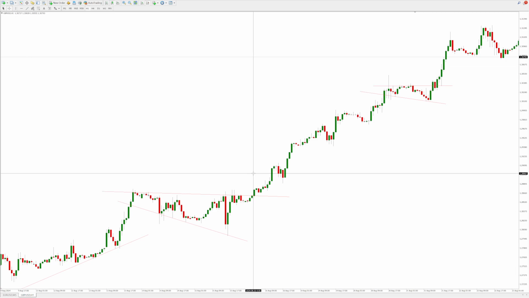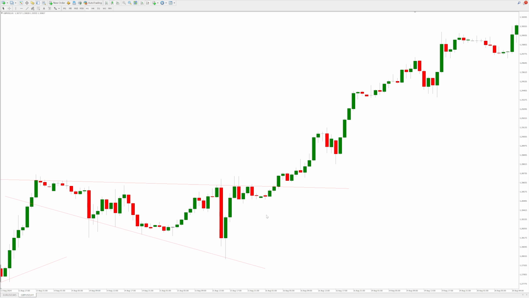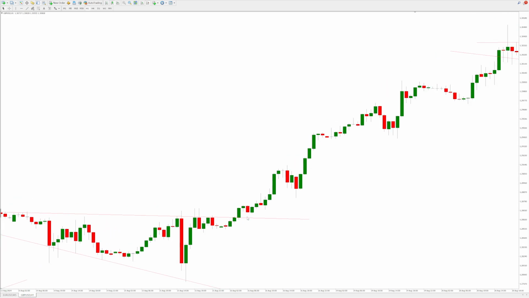Okay, now you wouldn't necessarily take the trade as soon as price breaks out from the resistance level. You could always wait for confirmation with a candle closing, perhaps a particular candlestick pattern to time your entry, or other indicators for confirmation. For example, if I just zoom in there, we have a spinning top here and here, which suggested that perhaps the market was going to continue moving upwards.